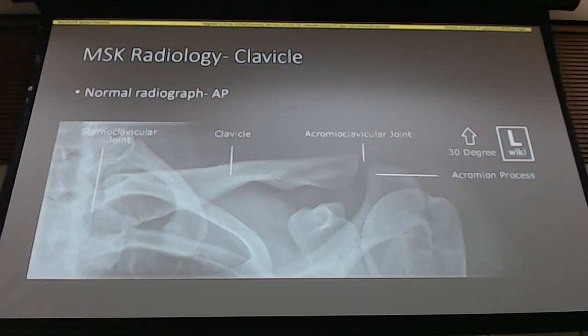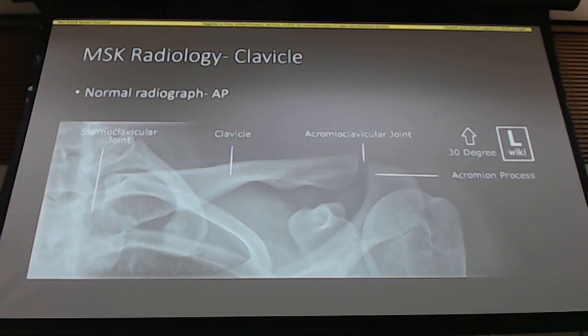How do I know that's an anterior view? Well, it's labeled, right? But do you see the coracoid? That's not labeled, right? Everybody sees the coracoid? So you know you're looking at an anterior view, okay? Normal radiograph AP. You know it's that because it's labeled that on the slide.